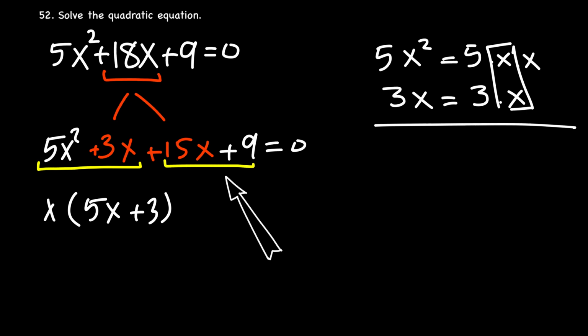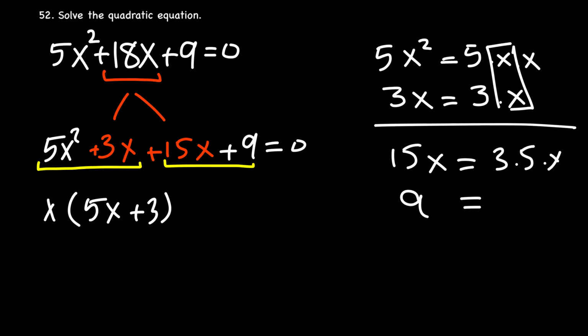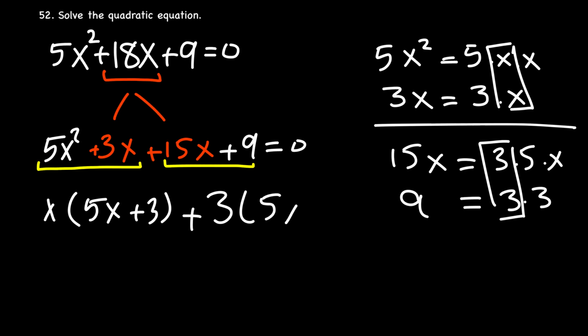Now, looking at the second group, which is 15x and 9: 15x is basically 3 times 5 times x, and 9 is 3 times 3. From here, we can take 3 as the greatest common factor. So we write plus 3, and the other factor of this group is whatever is left, so (5x plus 3). This equals 0.